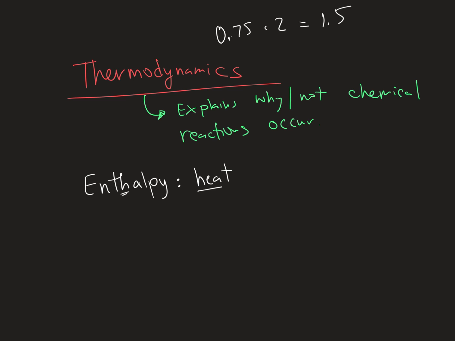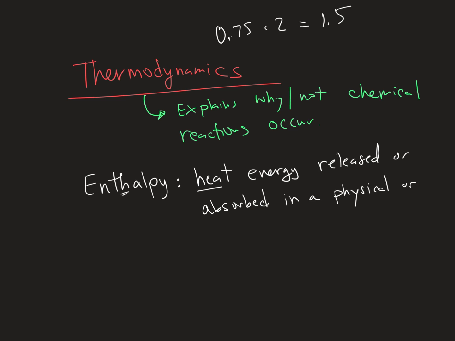So enthalpy is heat energy released or absorbed in a physical or chemical process. And the symbol we use for enthalpy is delta H.